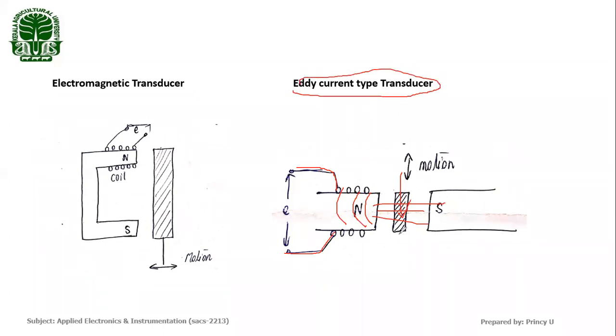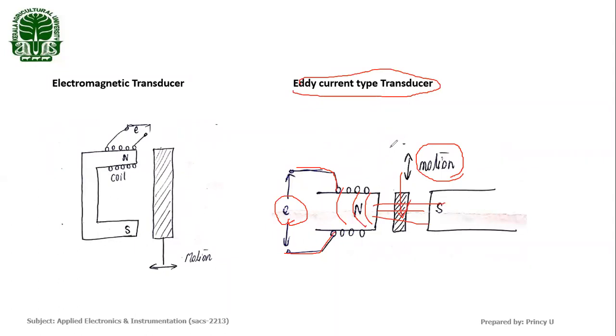That means when a non-ferrous plate moves across the magnetic field, it changes the magnetic flux linked with this coil. So that change will cause a current flowing through this coil. That leakage current produces an EMF. So this EMF is proportional to this motion. Okay.